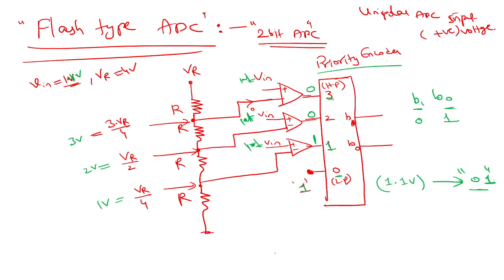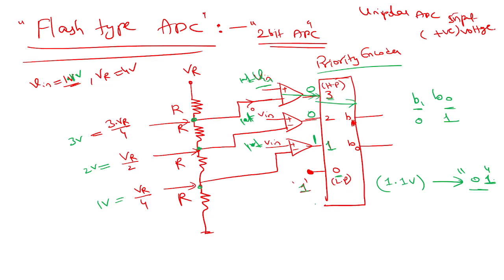And if you look at it, how much time does it take? See, there is already a network here. The resistor chain is already generated and kept ready. As soon as you apply Vin, the output will be ready because it's all combinational delay of the comparator and the delay of the priority encoder.